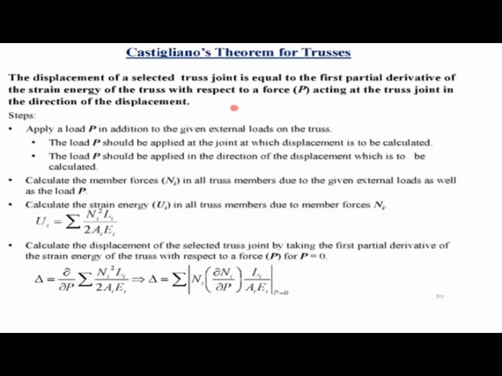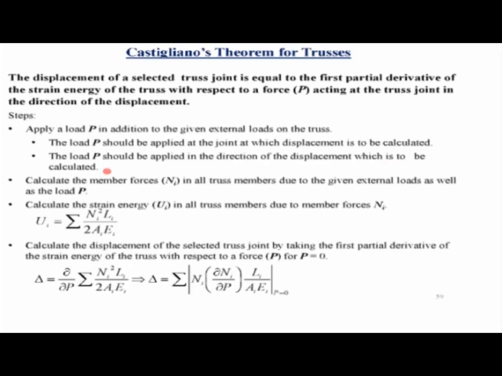If you have a truss and you are told to calculate the deflection or the displacement at a particular joint, what you do first is apply a load P in addition to the given external loads on that truss. The load P should be applied at the joint at which displacement is to be calculated, and in the direction of the displacement which is to be calculated.